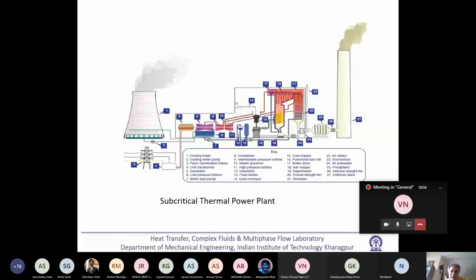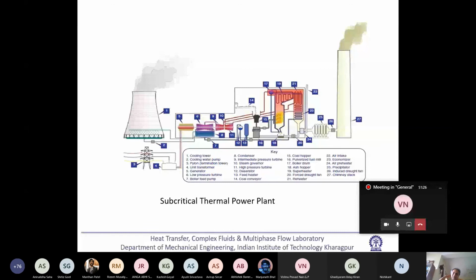Another thing, it will also keep the furnace wall a little bit cool. So this wall is called a water wall. Why is it called a water wall? Because we have got solid construction, but inside the solid construction, a lot of boiler tubes are there. So these boiler tubes are absorbing the heat and keeping the wall cool.